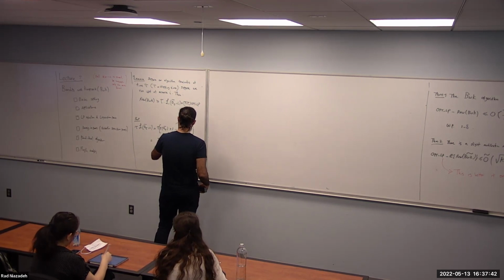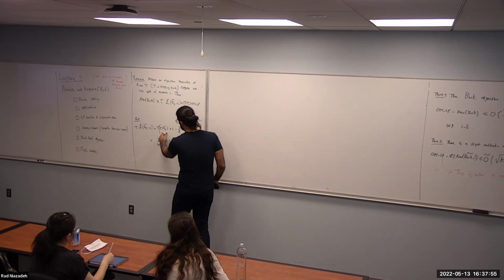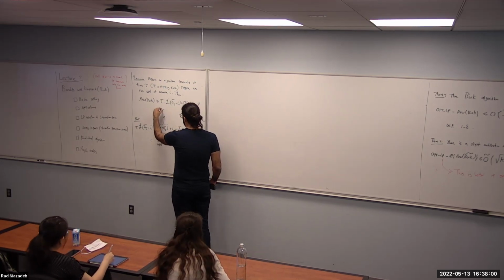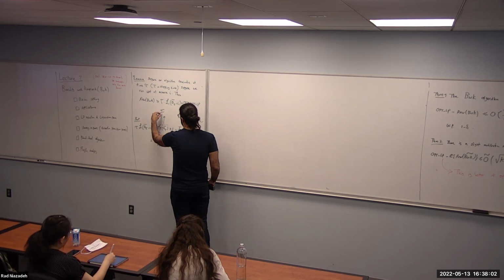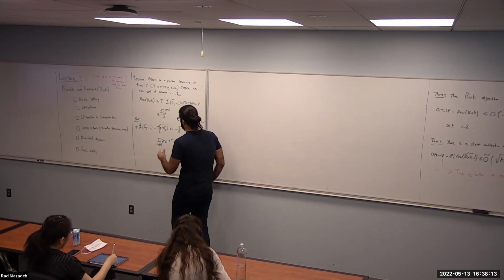Tau minus T over B summation C_t^I(a_t). Right. So this guy is basically the sum over all t in tau of R of a_t divided by tau, essentially.